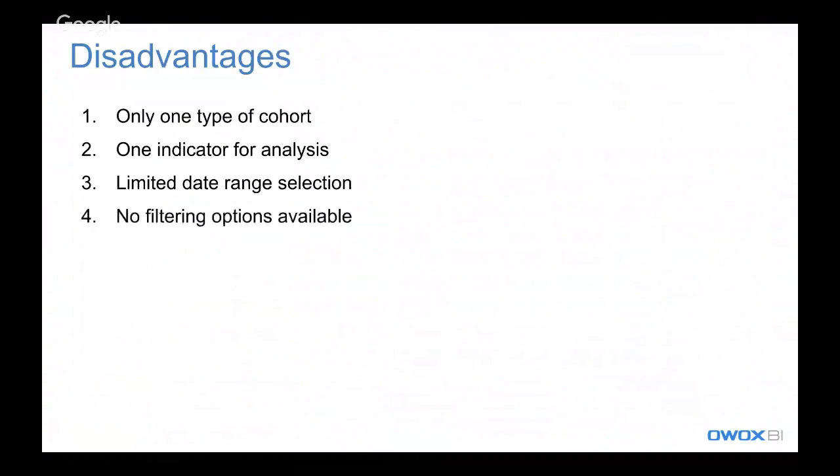And in the standard GA report, we don't have the opportunity to filter data by different parameters, like source or traffic channel. Of course, you can use segments, but it's not the best and most comfortable way to work with this report. And what if we want to look only at mobile users or users from a certain city? We don't have such an opportunity.